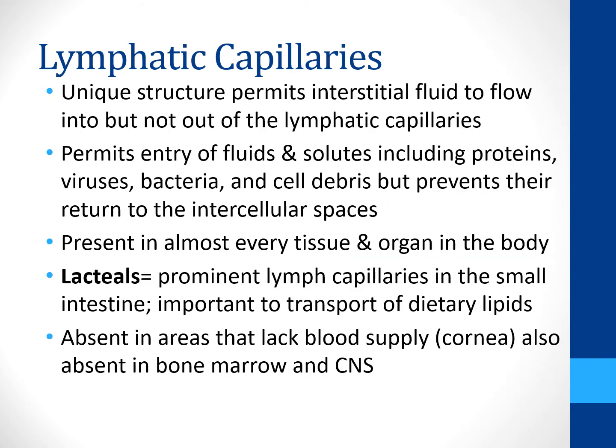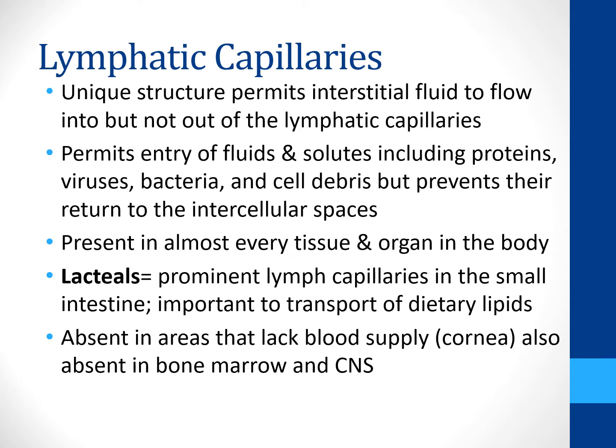The structure of their cells is really interesting. So the cells are overlapping, and they only allow fluids to enter the lymphatic capillaries, but not to leave again. So it's like a one-way transport.